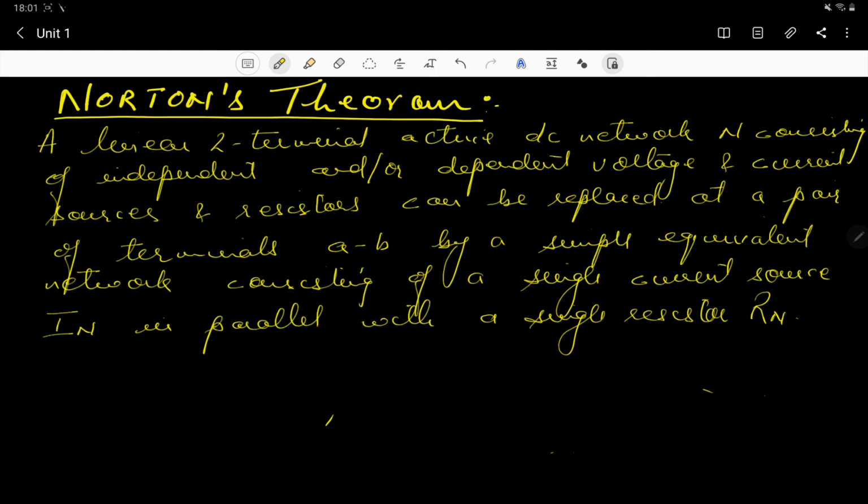Okay, so this is the simple definition of Norton's theorem, and the circuit will come out to be like this.